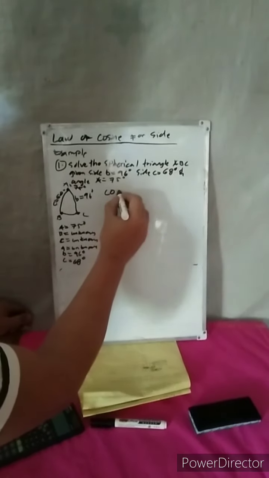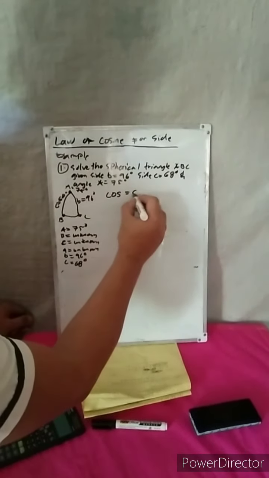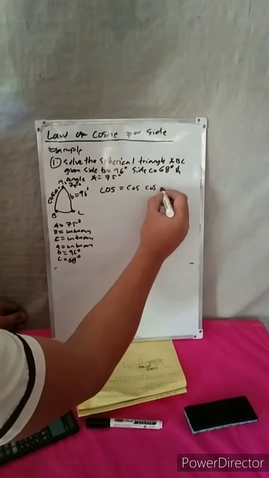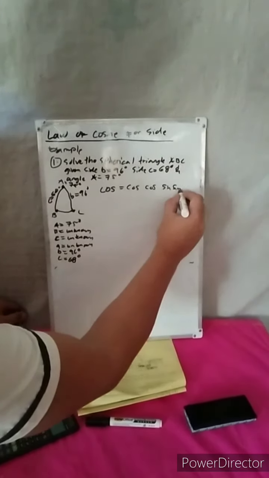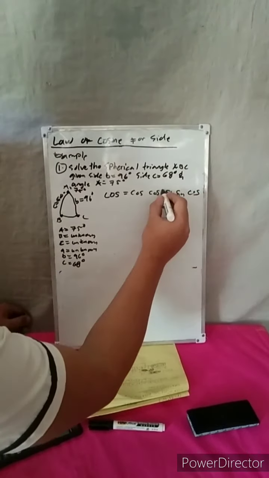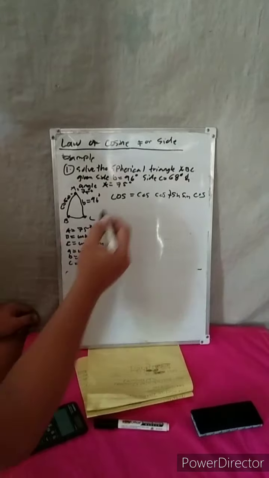Law of cosine for side nga equation, cosine is equals cos sin cos. So unsa to?